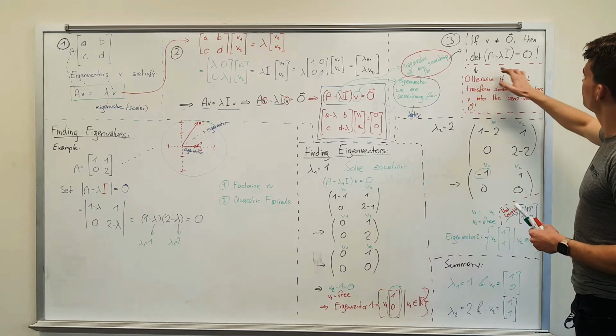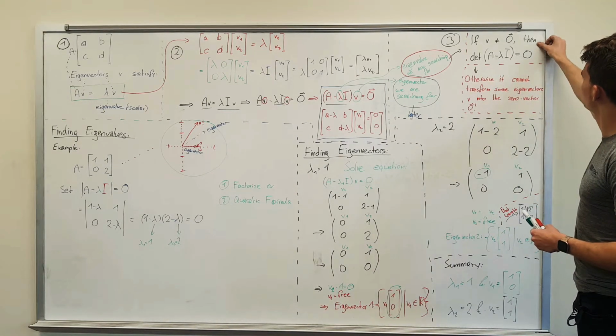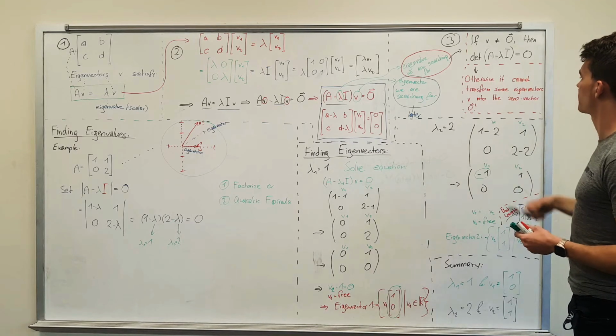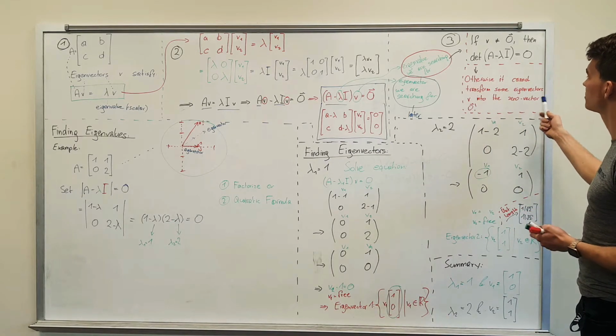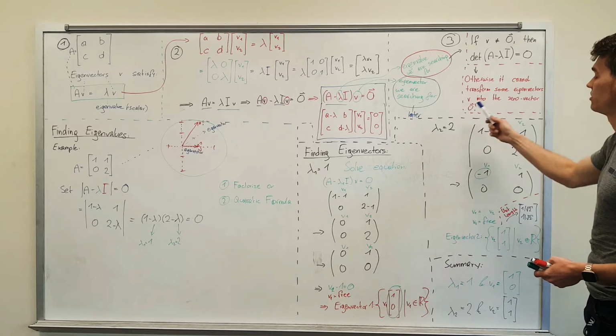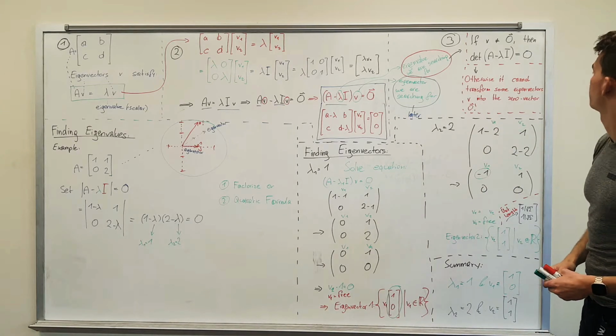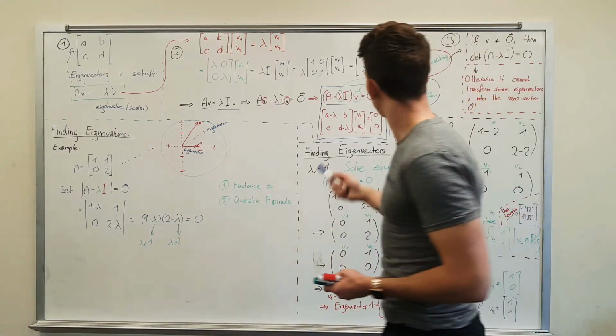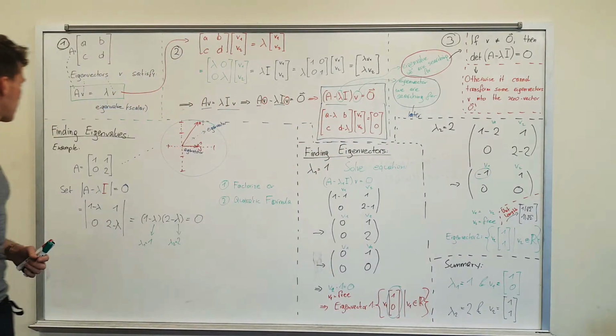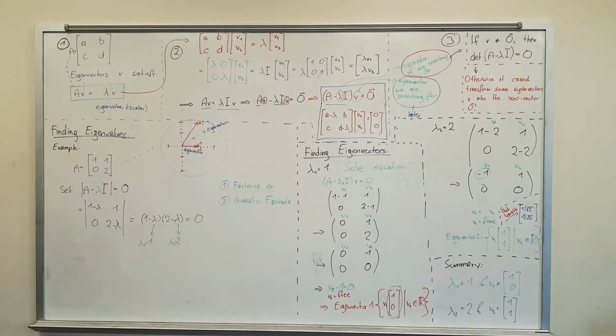So the determinant must equal 0. Otherwise it cannot transform some eigenvector v into the zero vector. So finding eigenvalues comes down to finding where the determinant equals 0.